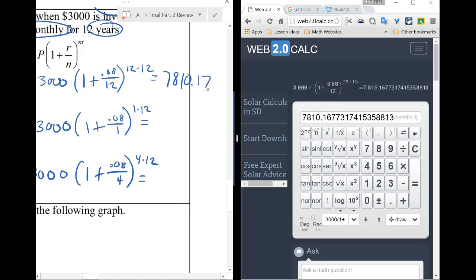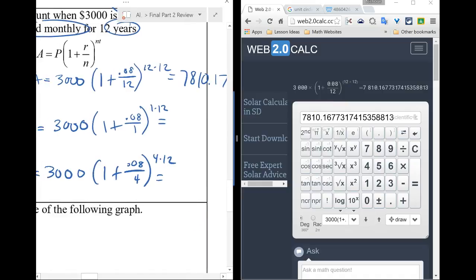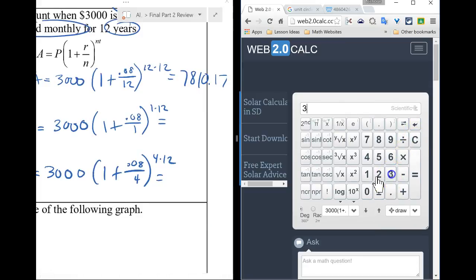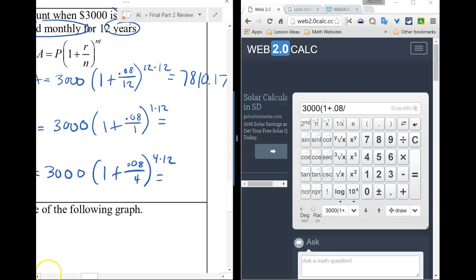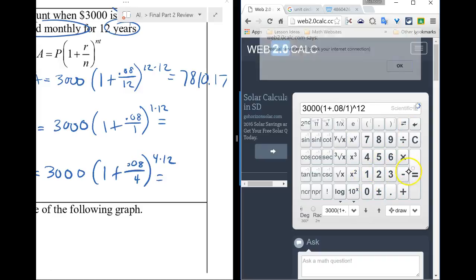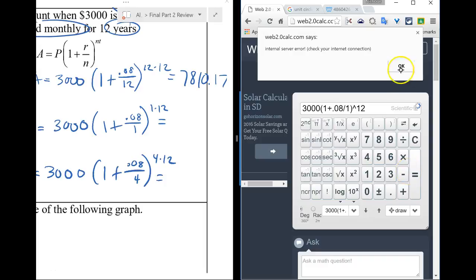Now we're going to do the same thing with the next one. So 3,000 times 1 plus 0.08 divided by 1. I didn't really need to do that 1, but I just did it anyways. Raised to the power of 1 times 12, which is just 12.